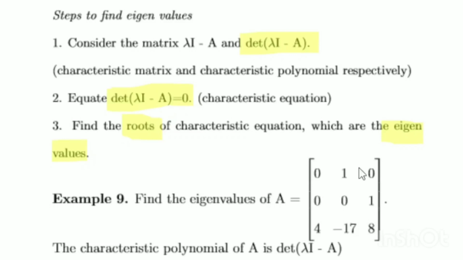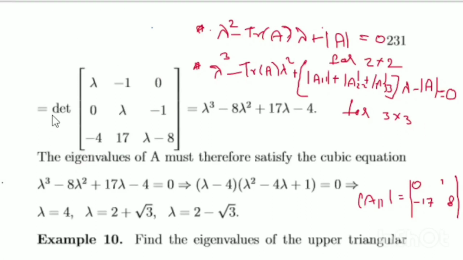We need a square matrix. For finding the characteristic equation, we equate the determinant of lambda I minus A to 0, where lambda I is lambda times the 3 by 3 identity matrix.